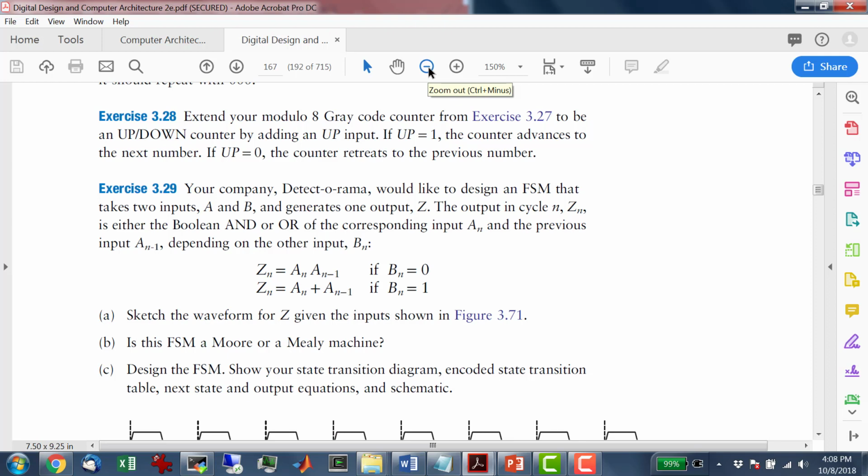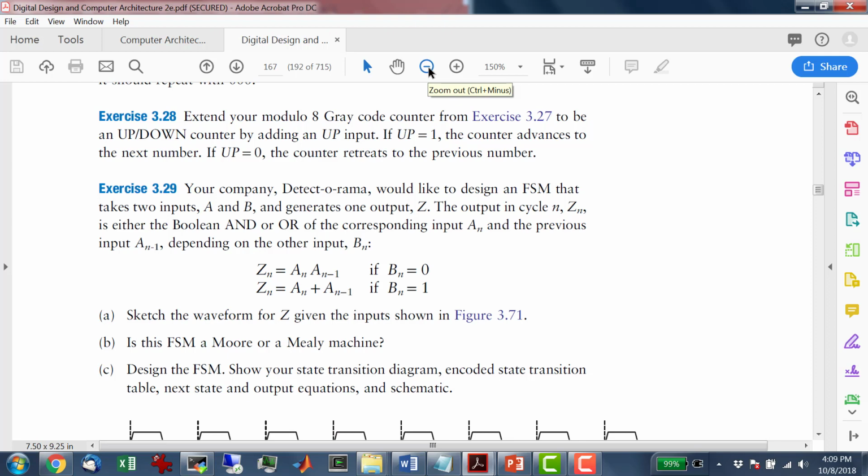I've got these loop backs, right? Here, right? Now if I'm in this state, meaning that my previous A is 0, right? My current A is 0. What does that mean? That means that my output Z is supposed to be, let's say if B is 0, that's an AND, right?